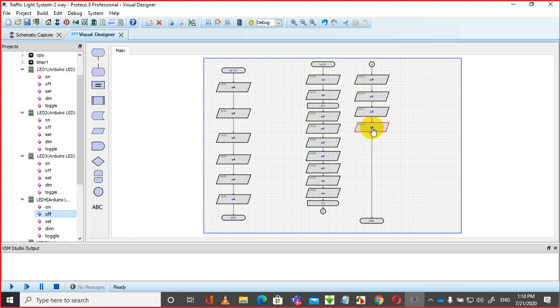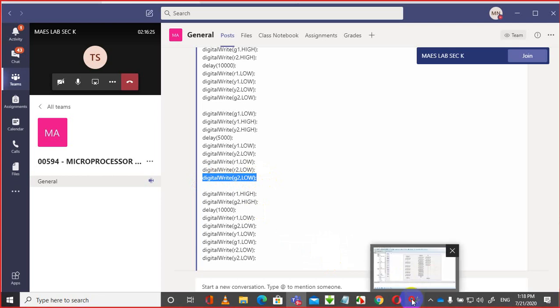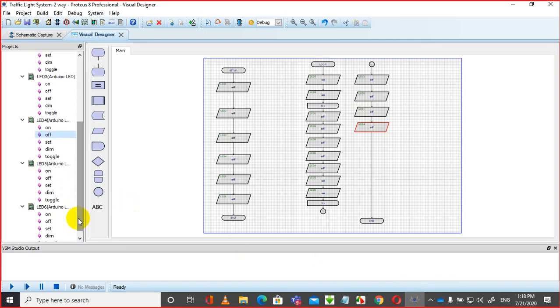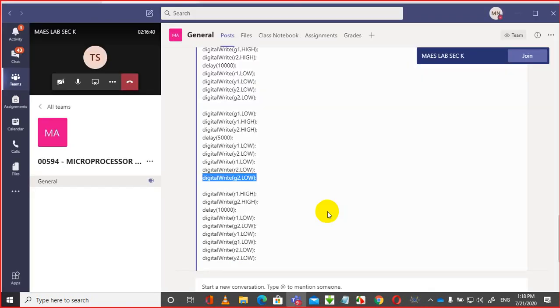Okay. Then we make for the second lane the green go low. For the second lane the green light is LED number 6, that goes low. Okay. After this, look at over here, we make the red light of lane 1 high and the green light of lane 2 high.